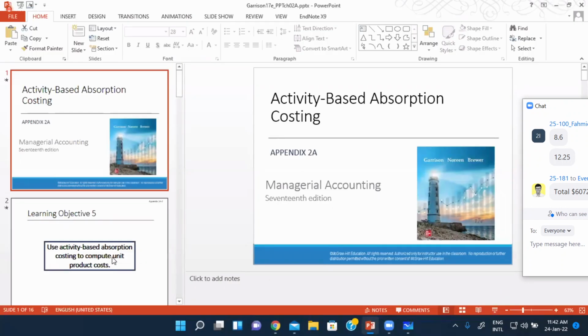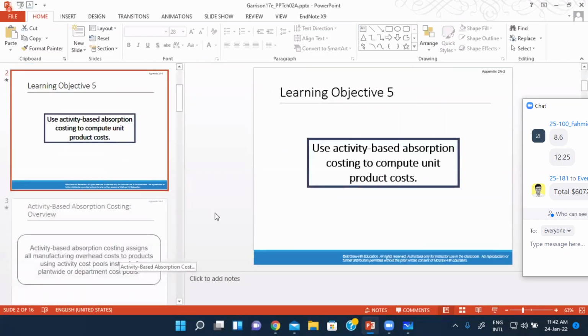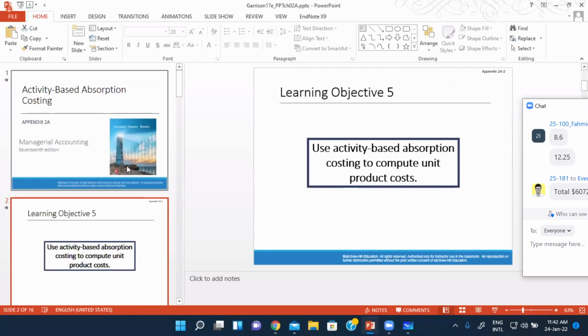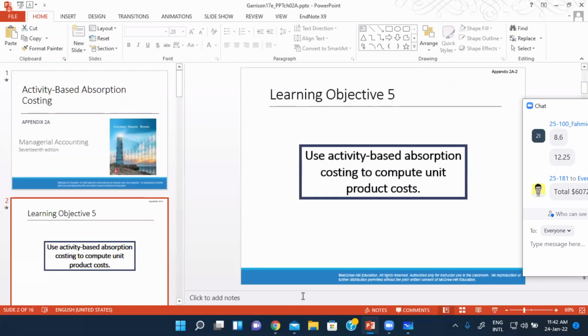artificial. Okay. So we need to focus on learning objective 5 of the chapter we are trying to explore. That is related to the discussion we already had, that we have seen that it is possible to determine the overhead rate based on the plant-wide overhead rate.